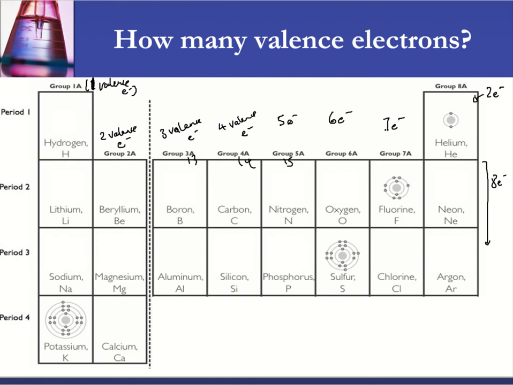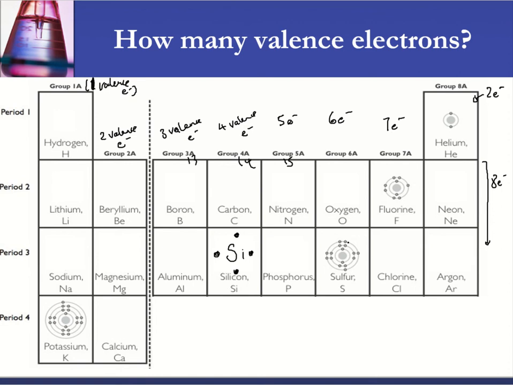If I want to draw, let's say, the Lewis dot diagram of silicon, it's in group number 4, so I know that it has 4 valence electrons. So I'm going to do 1 dot here, 1 dot here, 1 dot here, 1 dot here. Generally, you want to even them out first before you pair anything up.